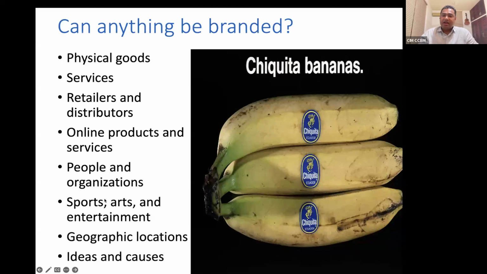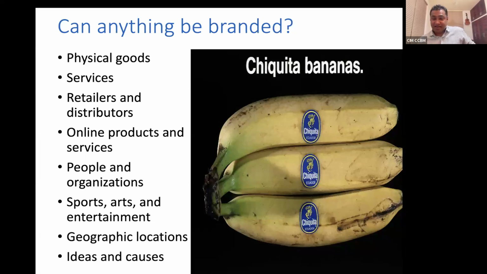And anything can be branded. You can brand products, services, a country, a person, sports, art, locations, ideas, even the fragrance inside a BMW car, or Singapore Airlines has patented its fragrance, right?